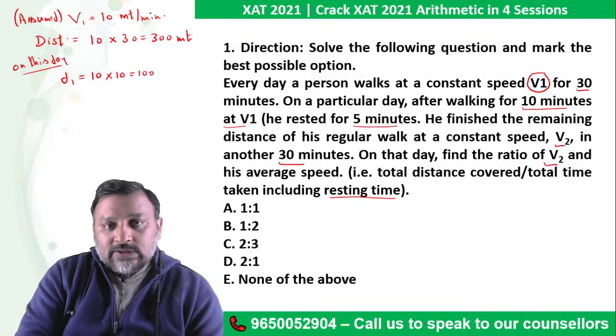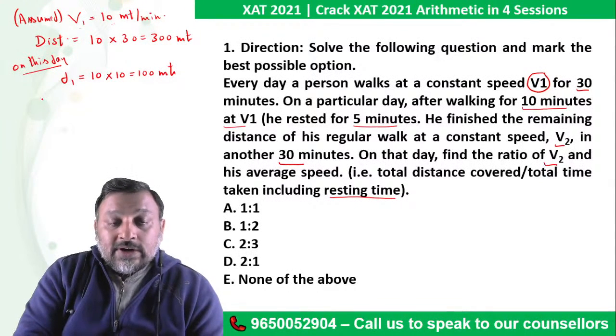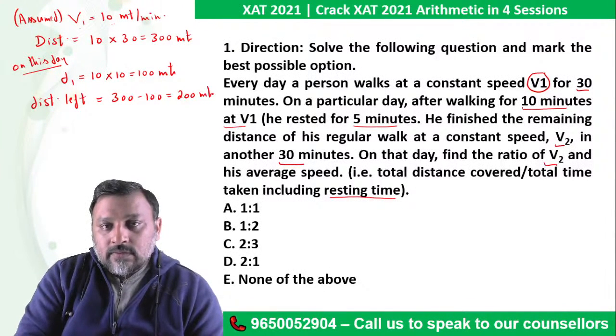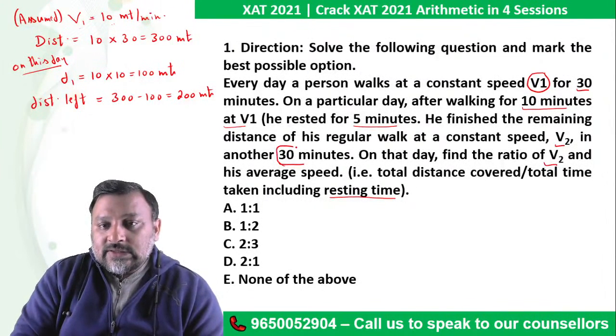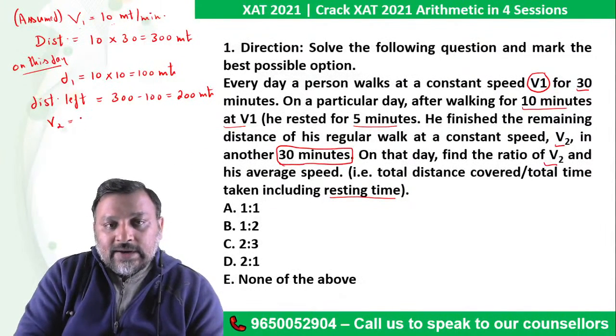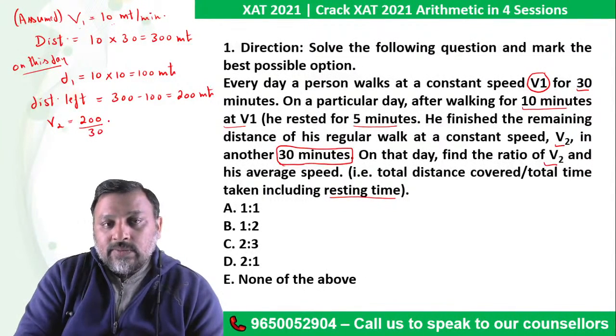So distance left to be covered is 200, and he covered this distance in 30 minutes. So the value of V2 that I'll get is 200 in 30 minutes, so it is 20 by 3.